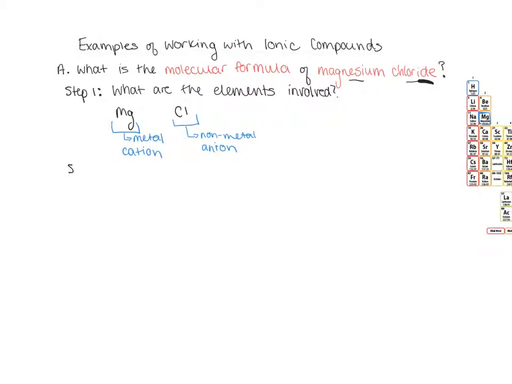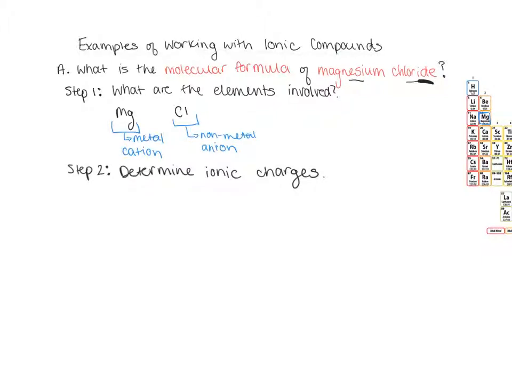Next, let's go to step 2. Step 2 is determine the ionic charges. So we have magnesium and we have chlorine.